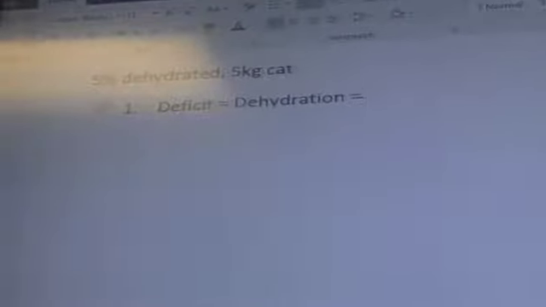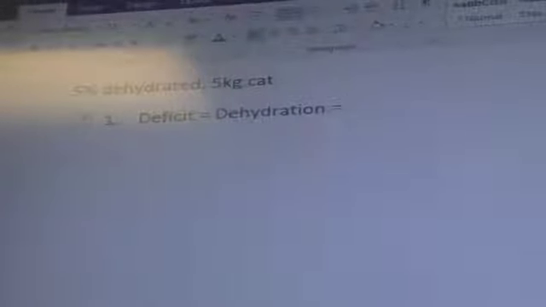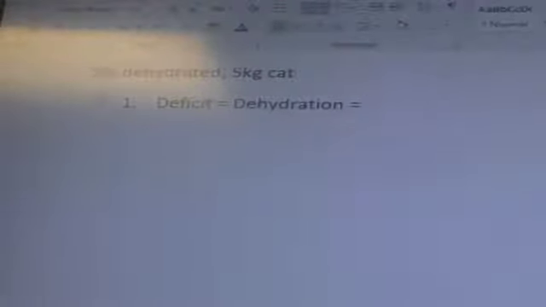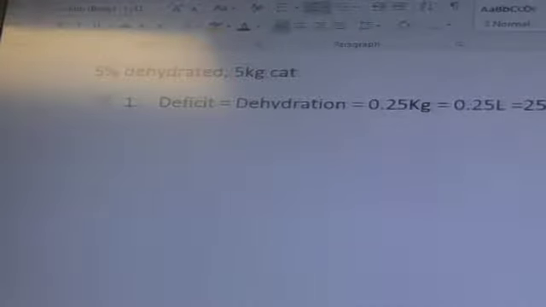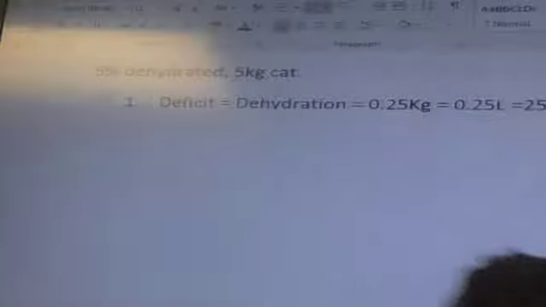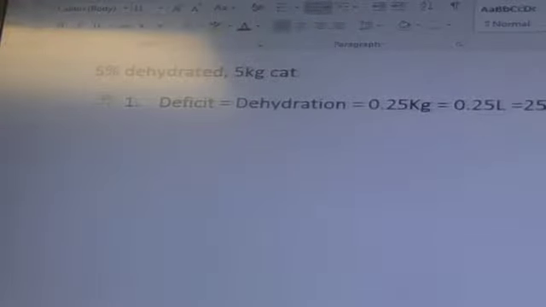How much has the cat lost in terms of water? 0.5? 0.25? 0.25 kgs, which equals 0.25 liters, which equals 250 ml, same thing. So that's a quarter of a 1 liter bag of fluid. The cat came to your clinic like that, okay?